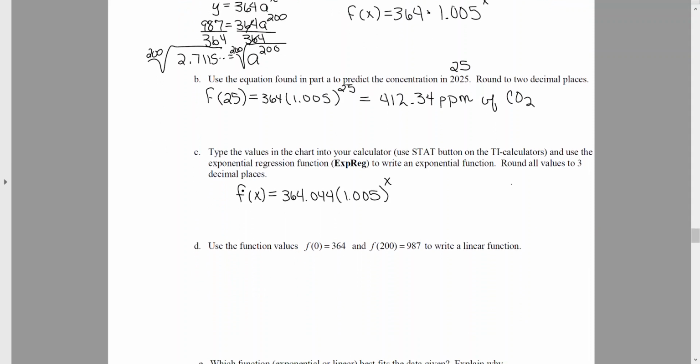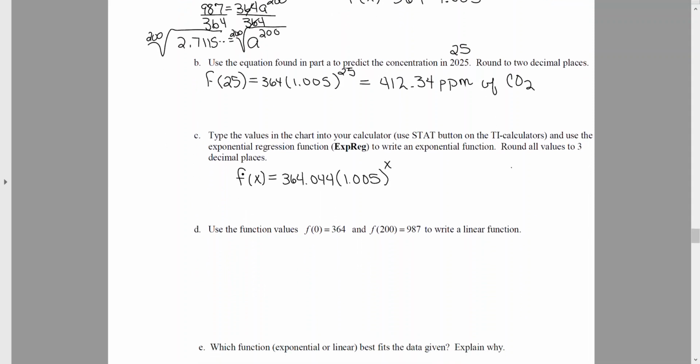For part D, they want me to use the function values f of 0 equals 364. So that's the point when x is 0, y is 364. And f of 200 is 987.